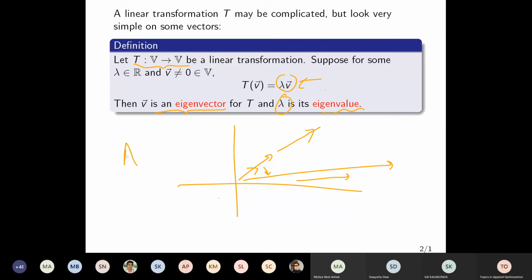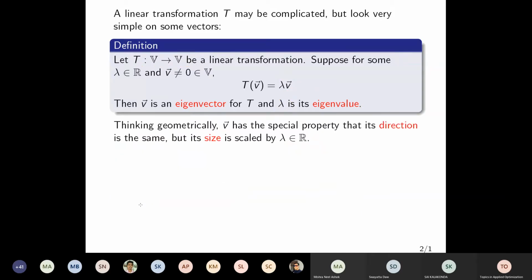In terms of matrix, it's like Av equals lambda v. If you can find a pair lambda and v such that this happens, then we call the vector v the eigenvector and the scalar lambda the eigenvalue. That's how eigenvalue and eigenvector are defined.